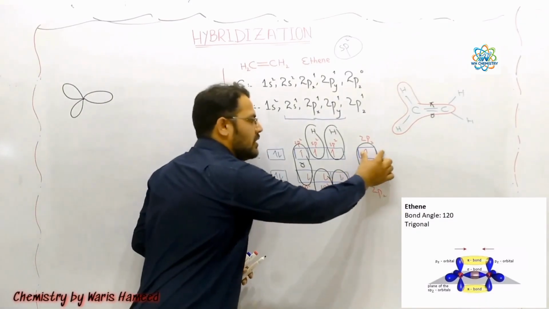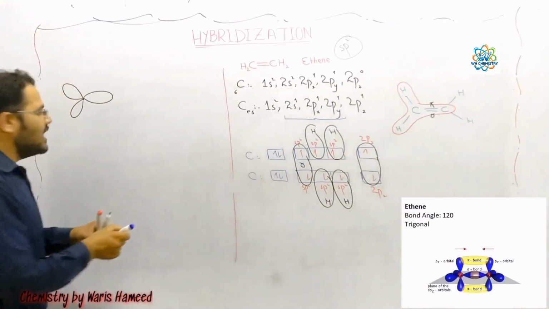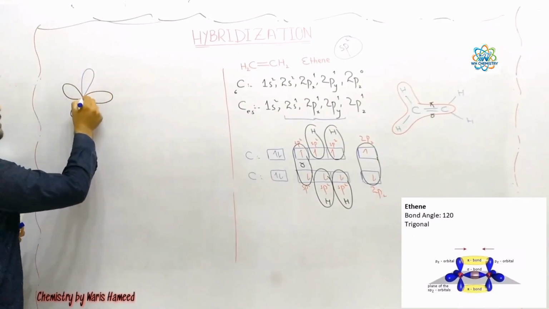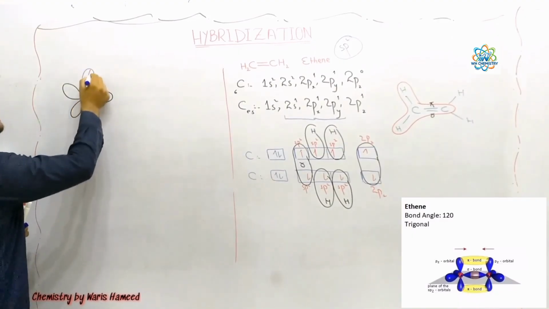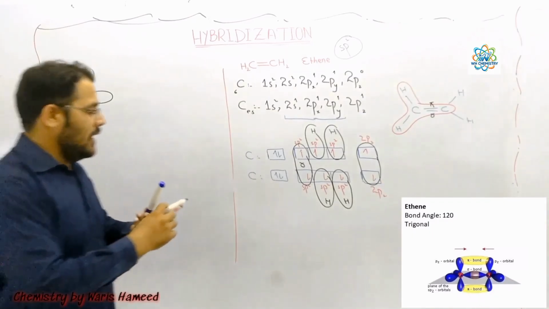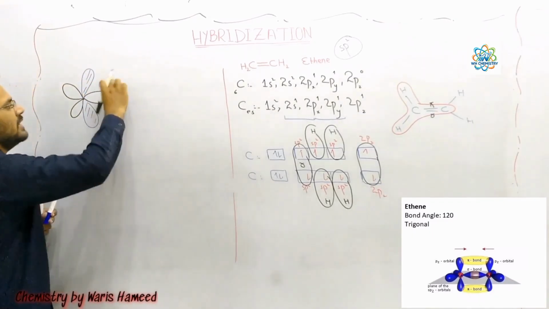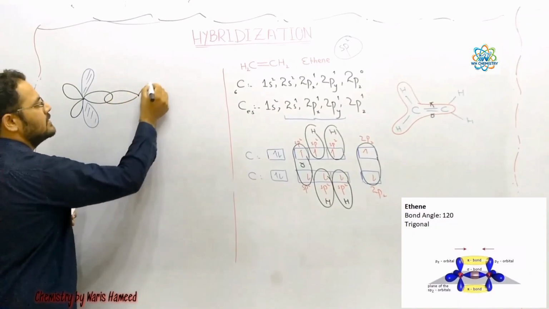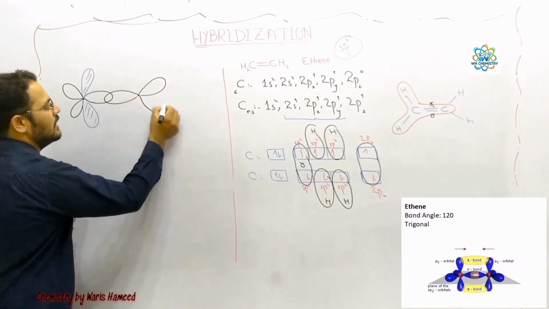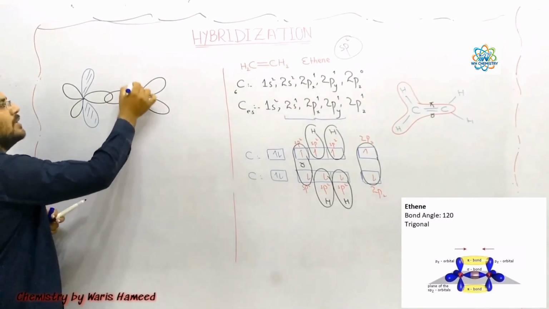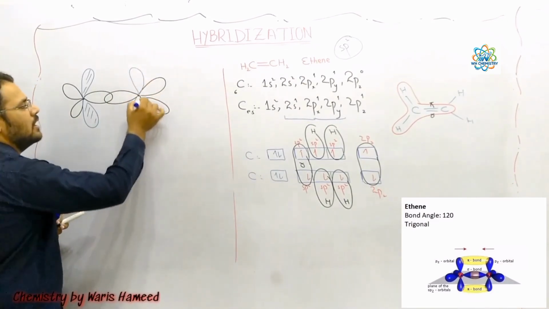Now draw the unhybrid orbital, and I am using a different color to differentiate that it's an unhybrid orbital. Here, it's an unhybrid orbital having a double loop. The second carbon also has a similar type of hybridization: one hybrid orbital, second, third, and a fourth unhybrid orbital, a double loop unhybrid orbital.